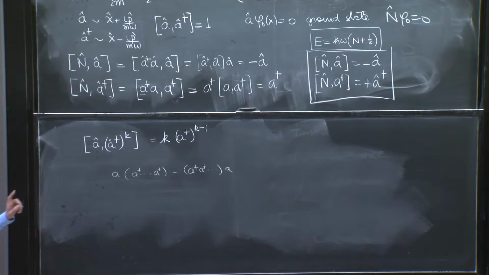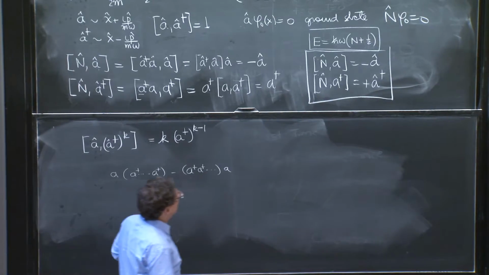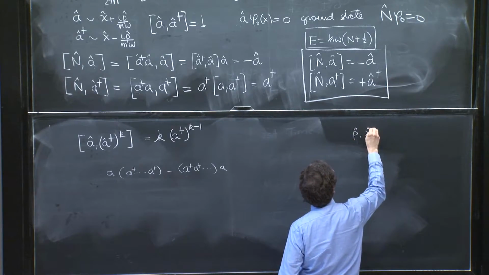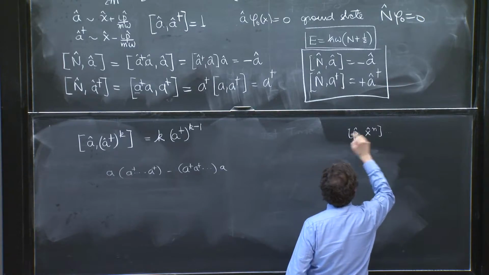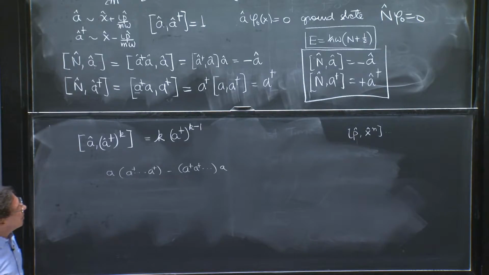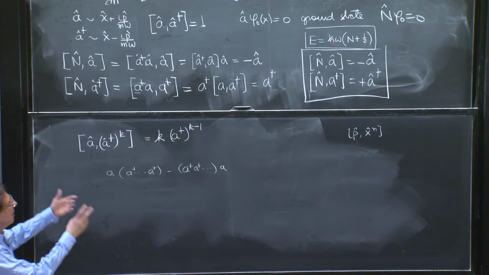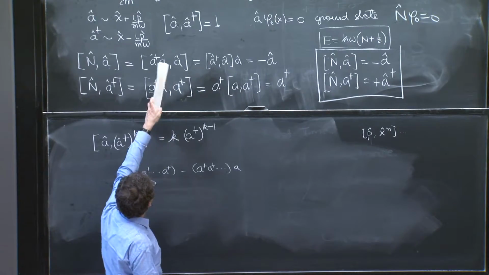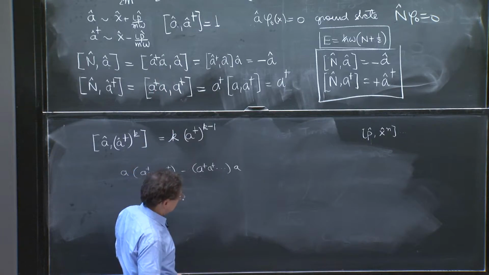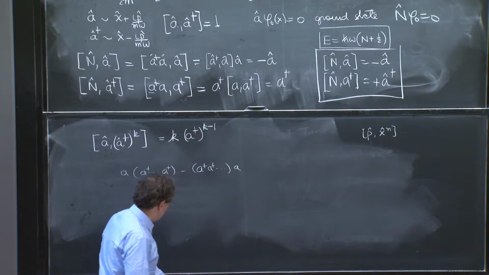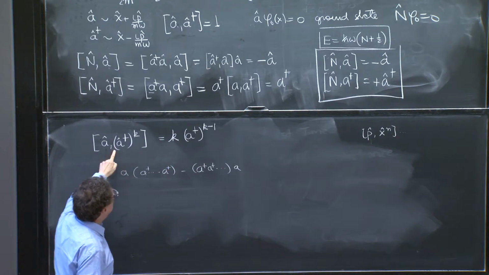This is not all that different from the kind of commutators you had, like P with x to the n. It might be a good time to review how that was done, which pretty much gives you x to the n minus 1 times a factor of n, because P is a derivative. You could almost think of A as the derivative with respect to A dagger, and then this commutator would be 1. So this is true.